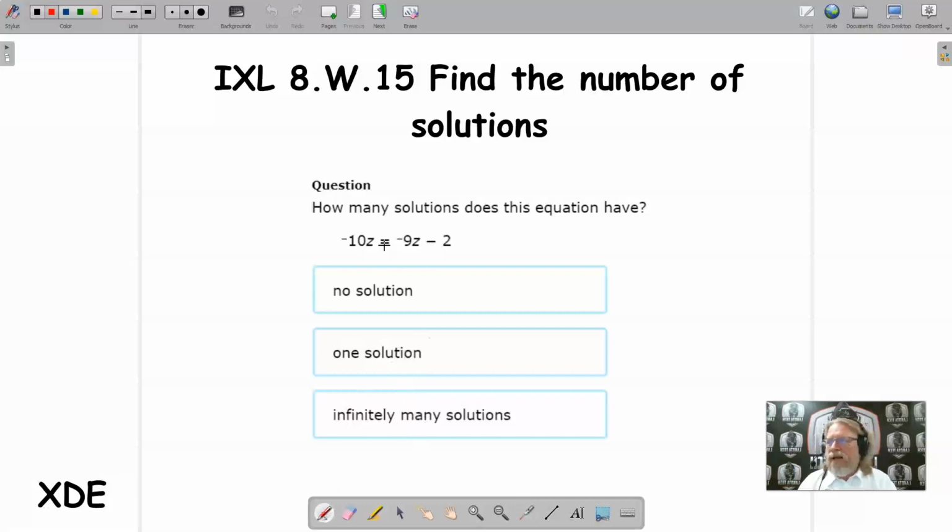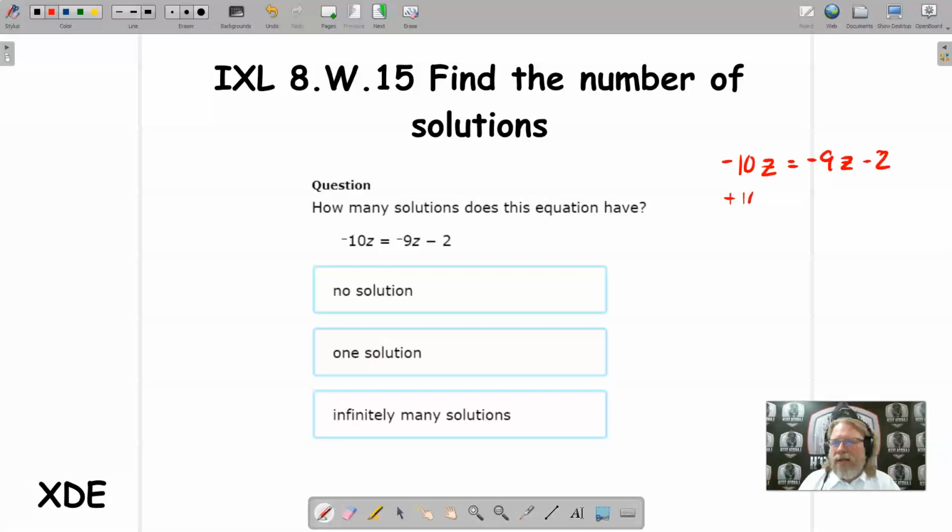So the best way to handle this, in my opinion, is to start solving the problem. So let's start working this problem out up over here on the side. If I have negative 10z equals negative 9z minus 2, and let's cross our z's so we know that they're z's and not 2's, let's add 10z to each side.